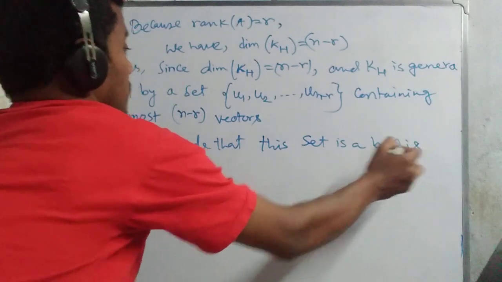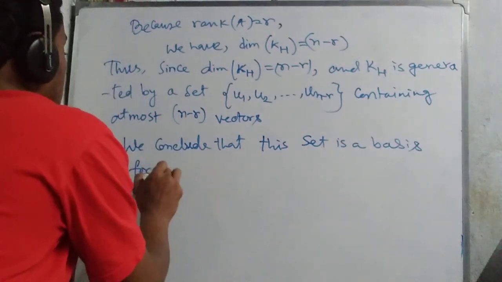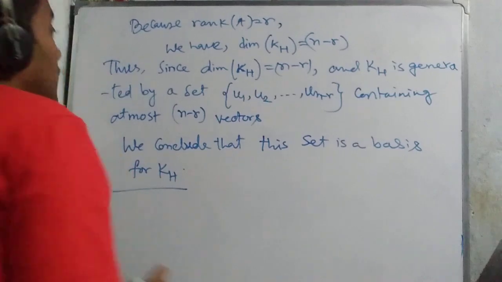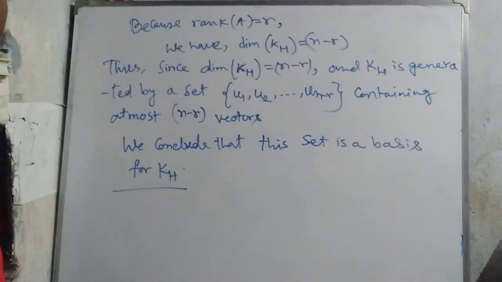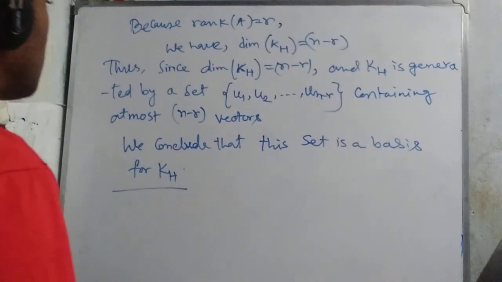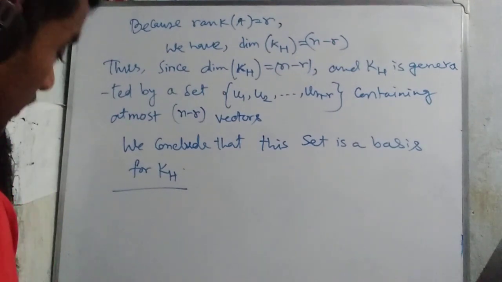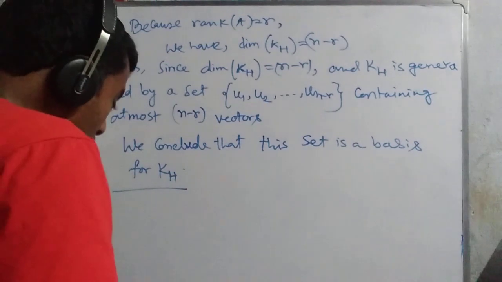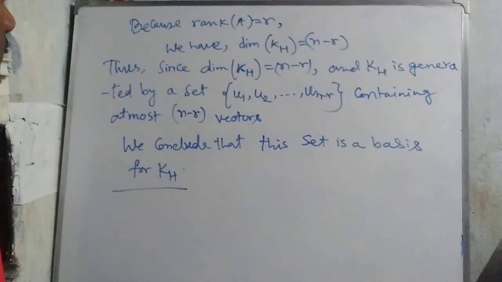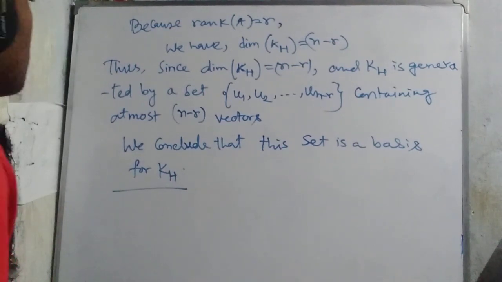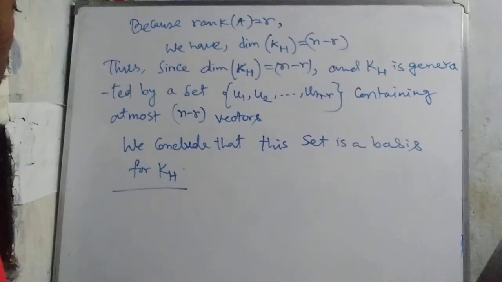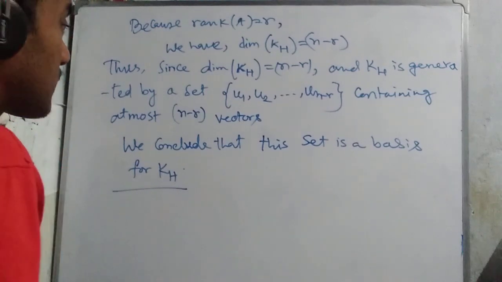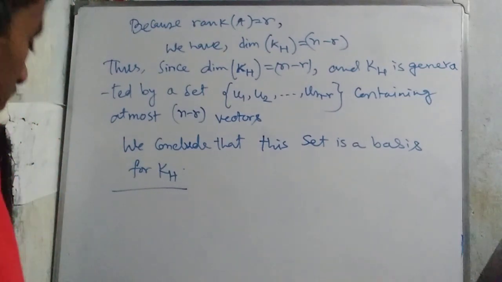Understood? That means we also discuss this one, rank of A equal to r. We have dimension of Kh equal to n minus r, and obviously Kh is generated by this set, so this set is a basis for Kh.